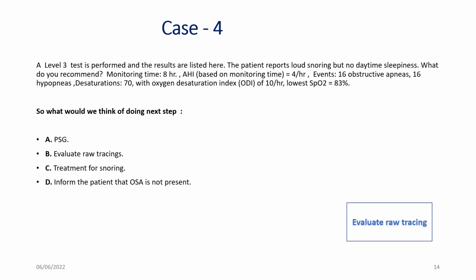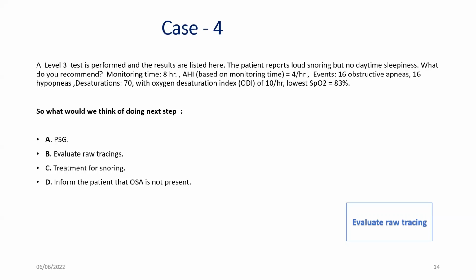So to confirm whether the events are during sleep or during wake time, you need level 1 for more confirmation. Yes, it's not a case of COPD, we are not going to that aspect. But if in case of COPD such findings are coming, we should go for level 1, right? First, we should look for raw tracings.